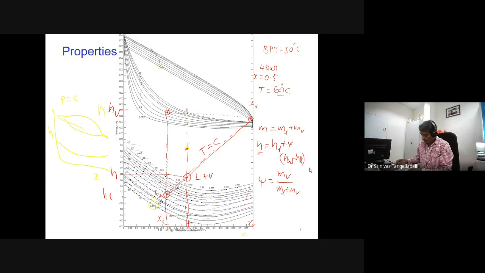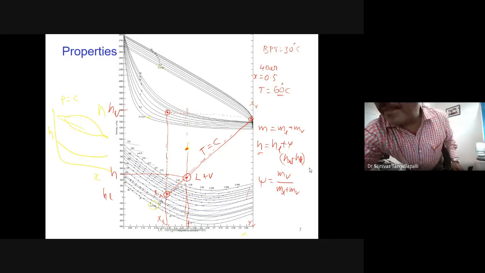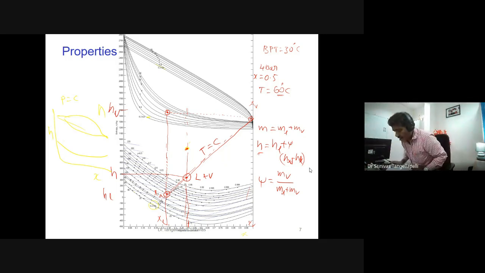Now, H minus HL is equal to MV by M times HV minus HL, okay?